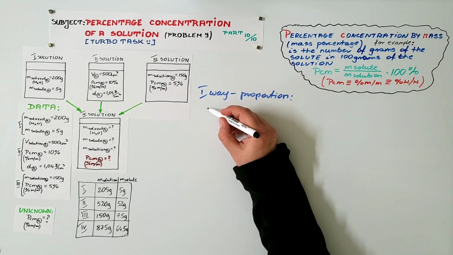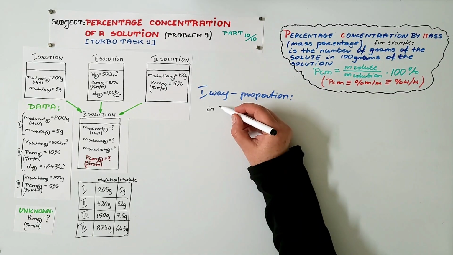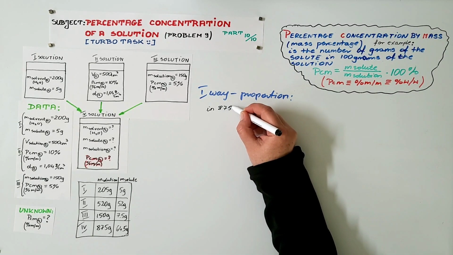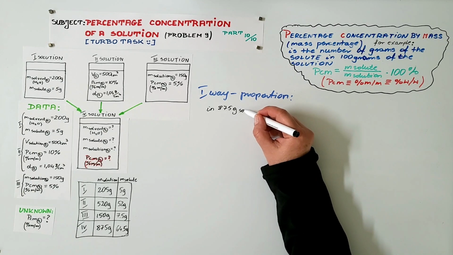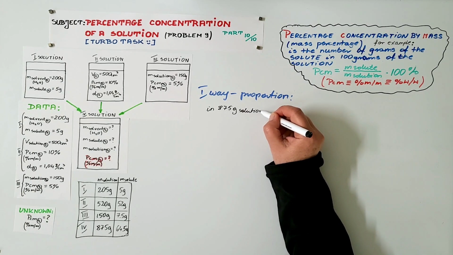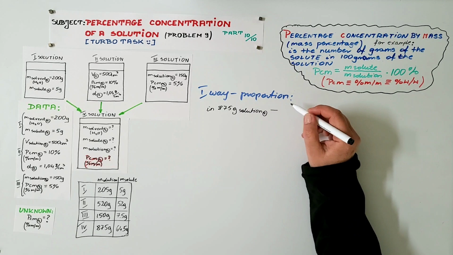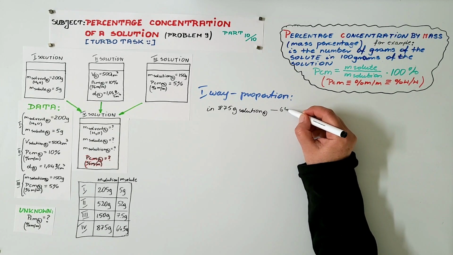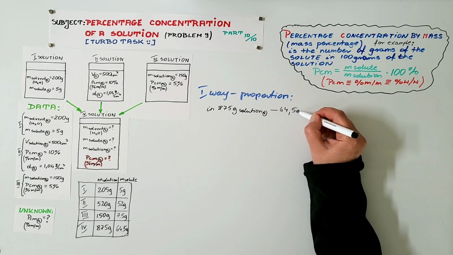In 875 grams of solution 4, there is 64.5 grams of solute 4.